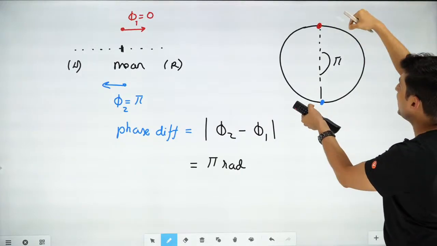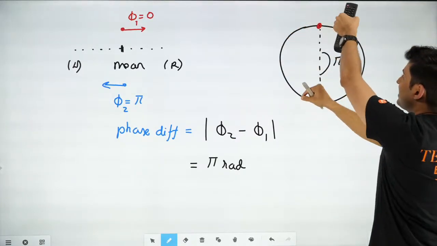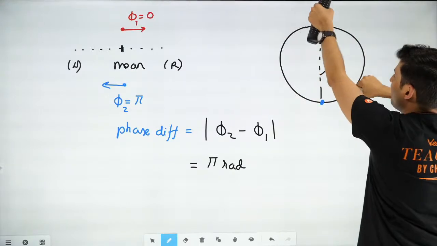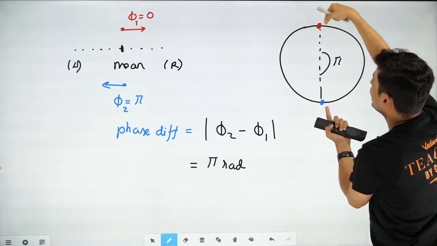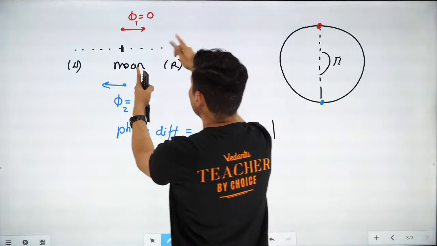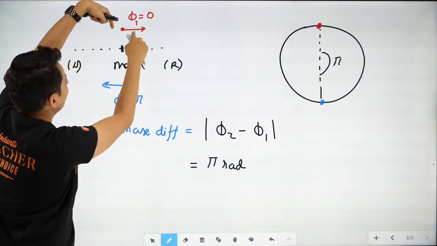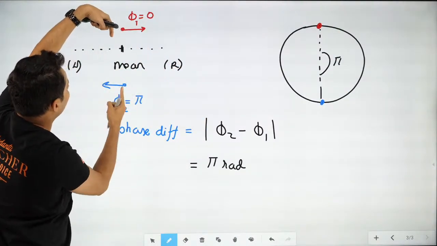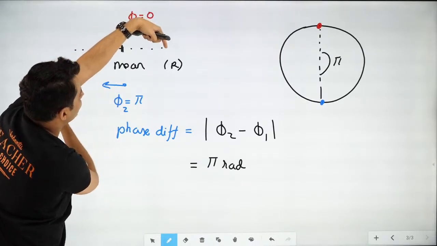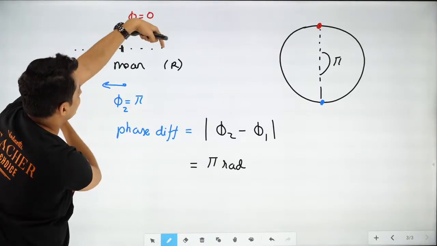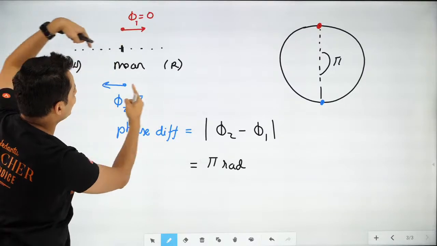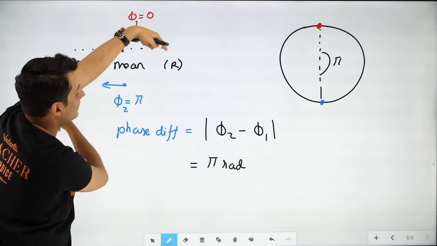Now, as these particles move, they will always be at diametrically opposite points. So on the SHM diagram, when the red one is going towards the right, the blue one is going towards the left. They are doing exactly opposite motion. You can see that clearly.